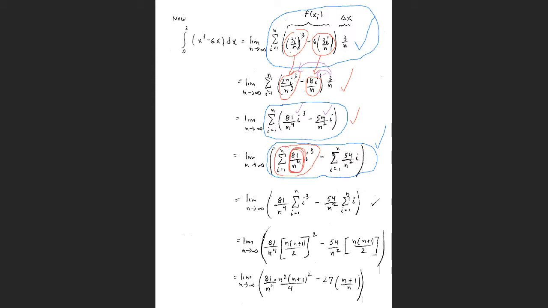Good, Sebastian, as a constant. So the constant is brought out in front of the summation. And similarly, for the second summation, the constant 54 over n squared is brought out in front of the summation.